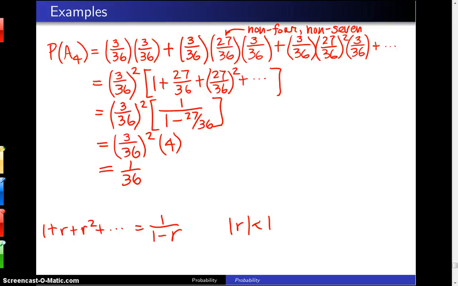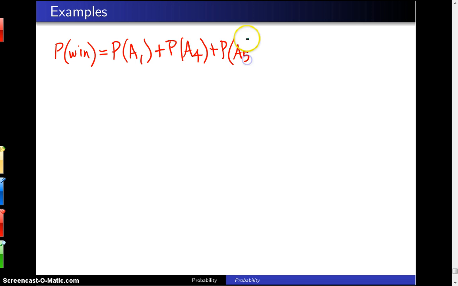And so finally, to calculate the probability of winning, the last thing we have to do is simply add these up. First one was A1, P of A4 plus P of A5, and include all the possible points until you get up to A10.